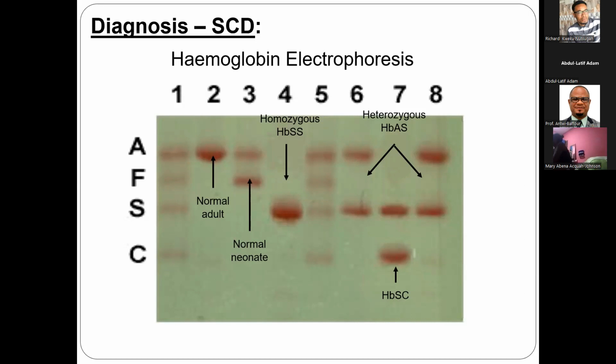So the C doesn't sickle. Only electrophoresis can tell you. So AC people show up as sickling negative, which is a fact. So when you get sickling negative, you cannot call it A, because AC is also sickling negative. So C doesn't sickle. That is why normally, most ACs are normal people.